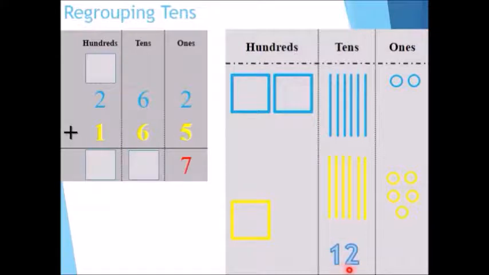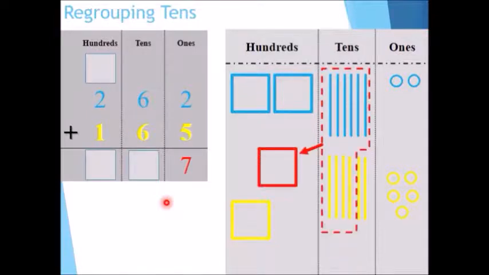12 is a two-digit number. Can we just write 12 in here? No, that's right. As we cannot write 12, we have to regroup. How can we regroup 12 tens? Correct, we can make one group of 10 tens. 10 tens mean 100.